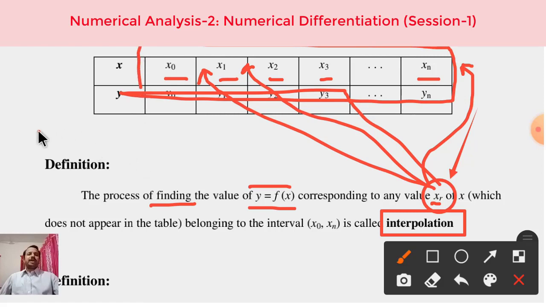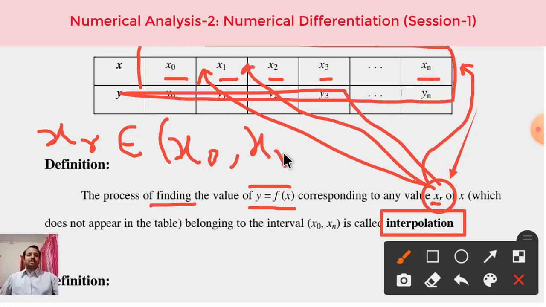That is, xr should be present in between x0 and xn. If that is the case, then the process of finding the value of y corresponding to this xr is known as interpolation. This is a very important thing we have to note down here.